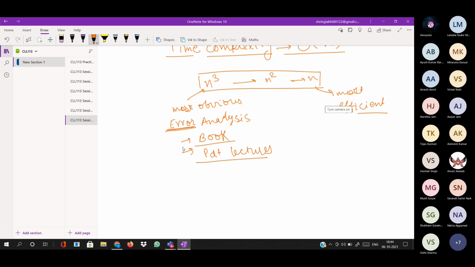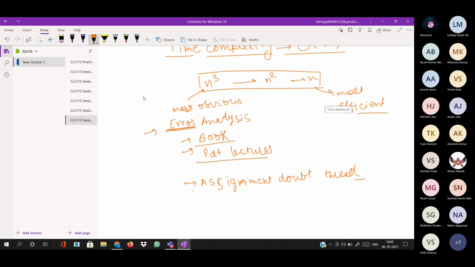If there is still some doubt, you can post your doubt in the assignment doubt thread. No personal messages, I will not entertain any personal messages. You have to put your queries regarding the assignment, not only about error analysis but anything, in the doubt thread channel.